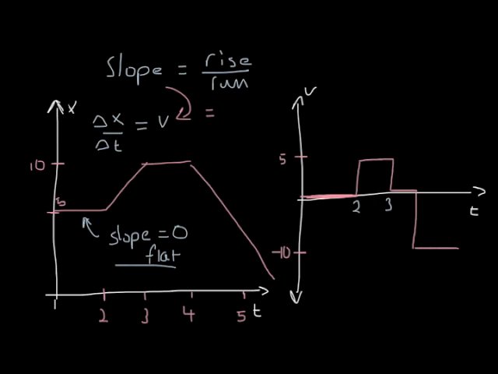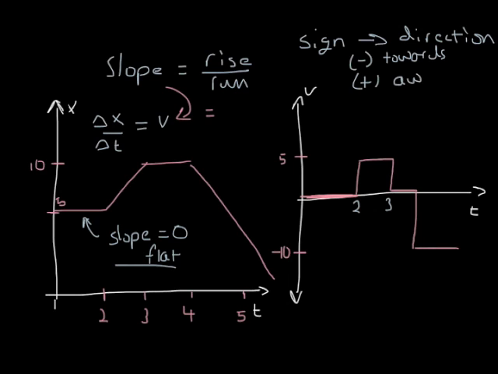In other words, we're moving towards it, so a negative implies direction. Our sign implies direction. A negative is towards, positive is away. So just make note of that.